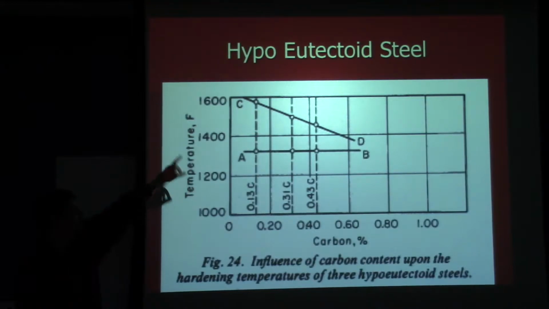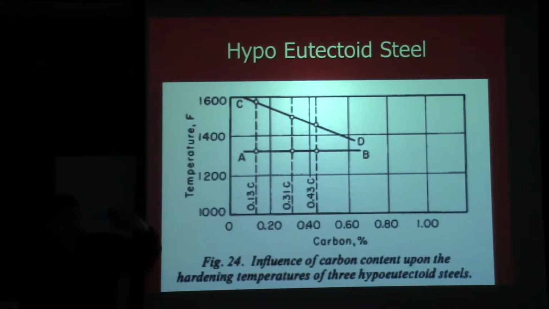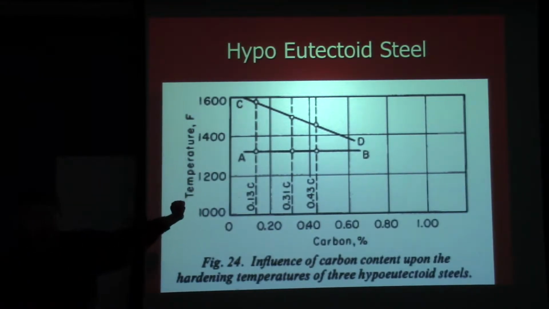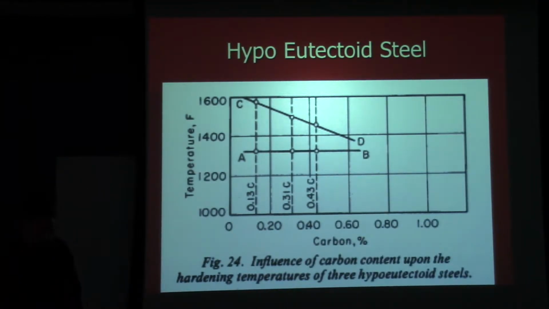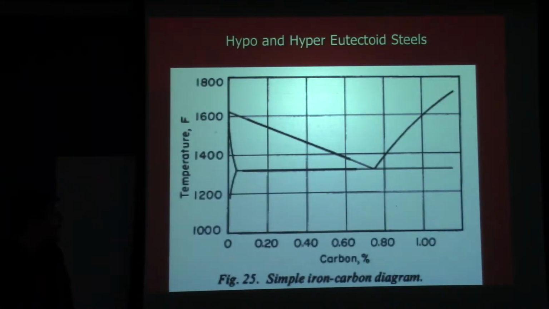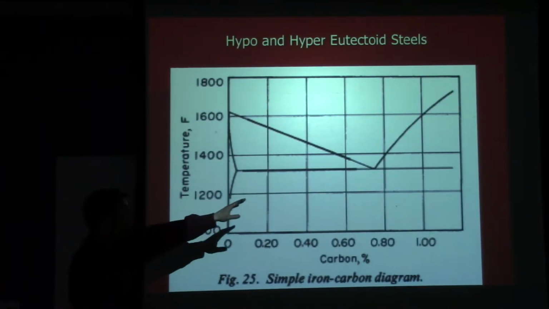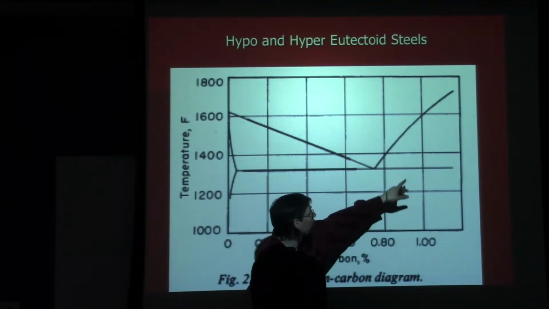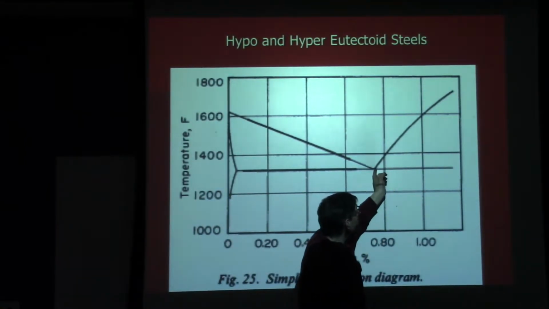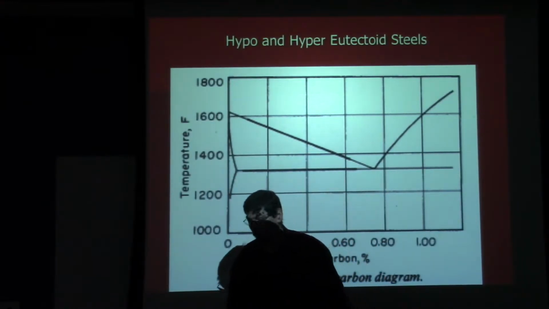So that CD line is when, if he got over that, whatever that temperature was for that composition, he wasn't going to get any further change in his microstructures or his hardness. And then we add in the hypereutectoid result that he got, and of course in his case it was just the one data point, but if you extrapolate from here out to there, you get a line a bit like that.